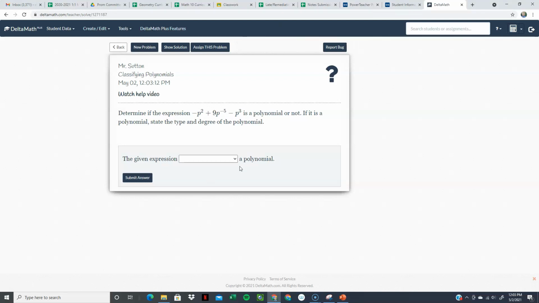The other thing that could make it not a polynomial is if we have our variable underneath a square root.